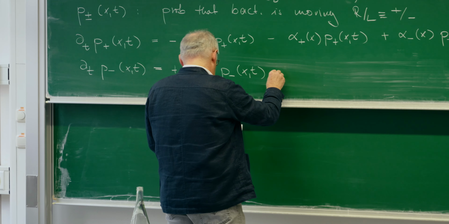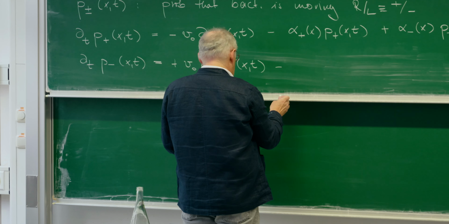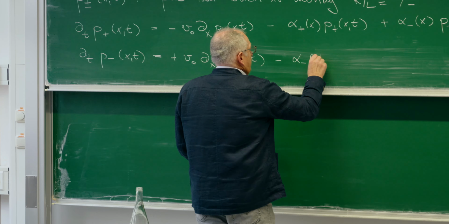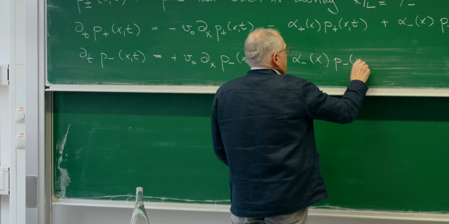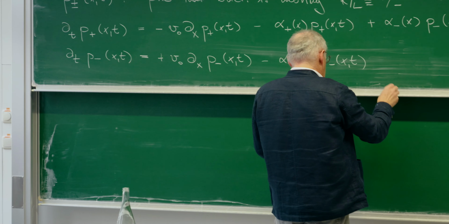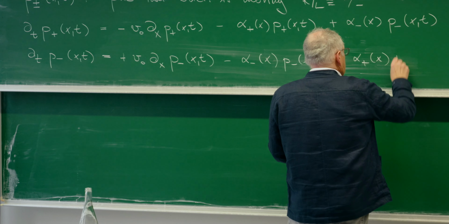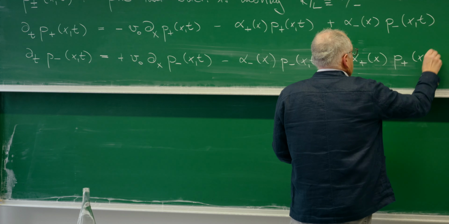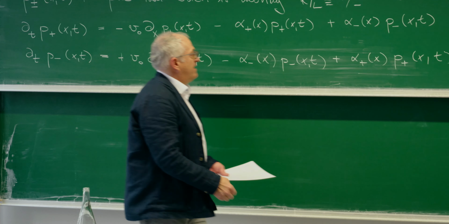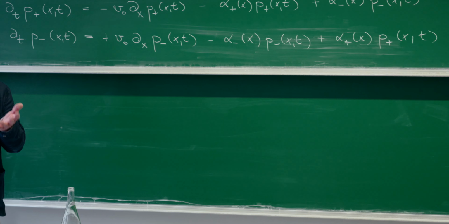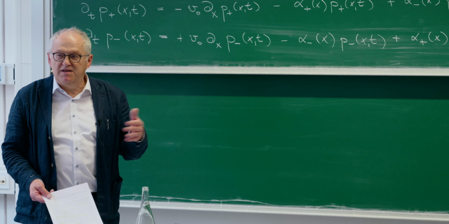So this is here going to be, well, I can write it this way, minus alpha minus of x, p minus of x and t, plus alpha plus of x, p plus of x and t. Okay, so those terms here that correspond to the switching reaction, they of course cancel because one's gain is the other one's loss.